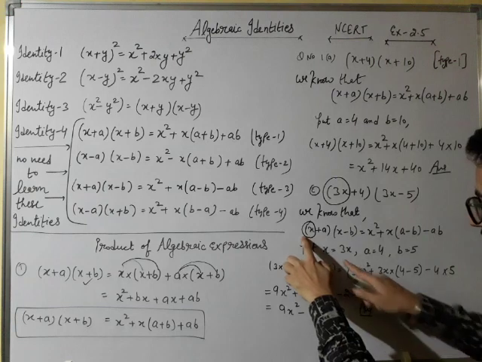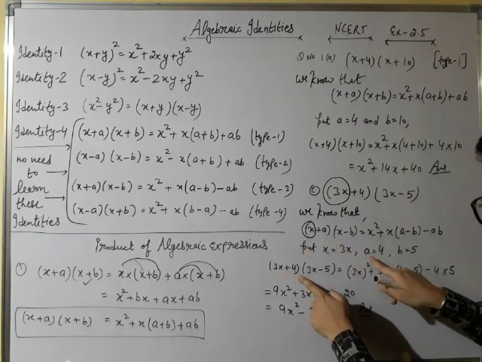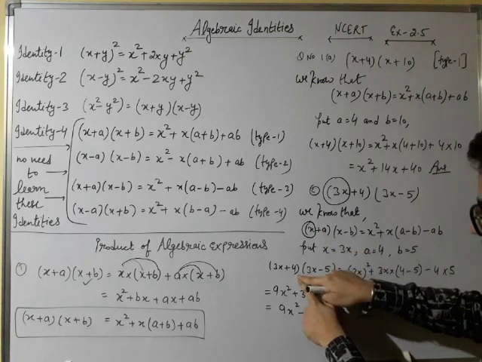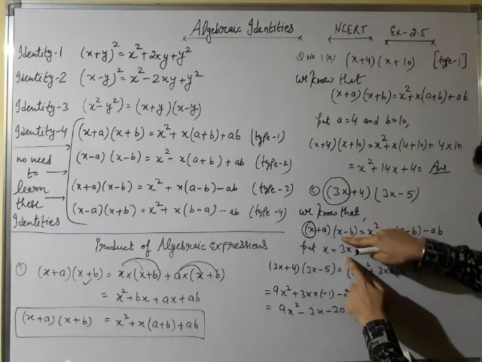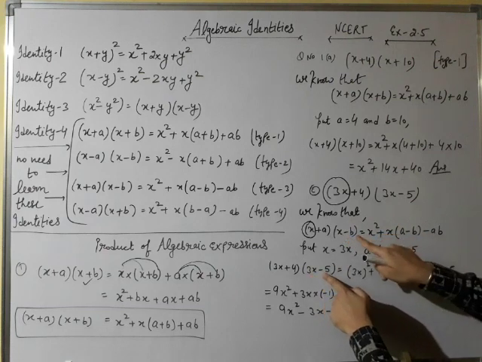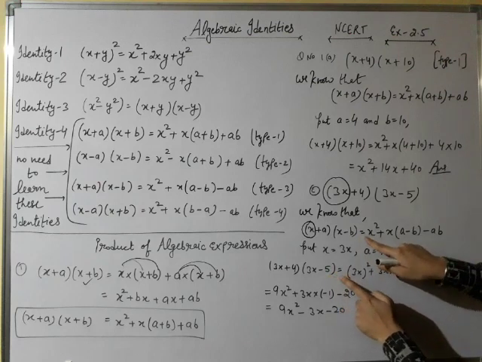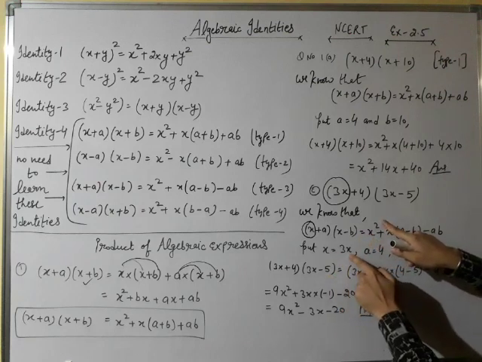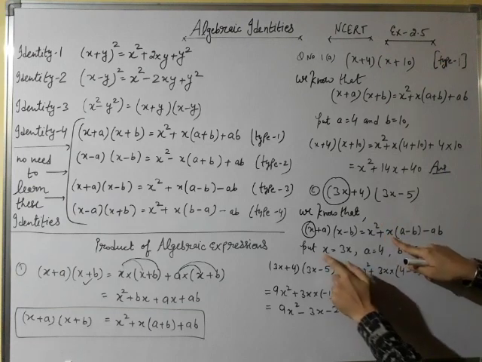So x will be replaced by 3x, plus a is equal to 4. So in place of a we will write 4. Then the value of x is 3x. So we will write here 3x minus b is equal to 5. So in place of b we will write 5, equals x², x means (3x) whole square, plus x is 3x.